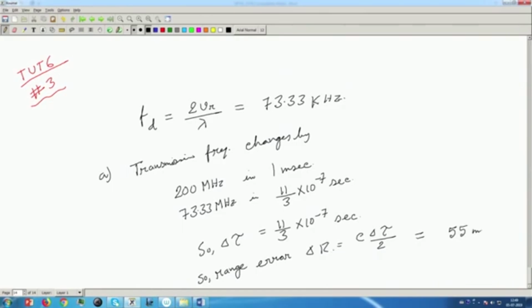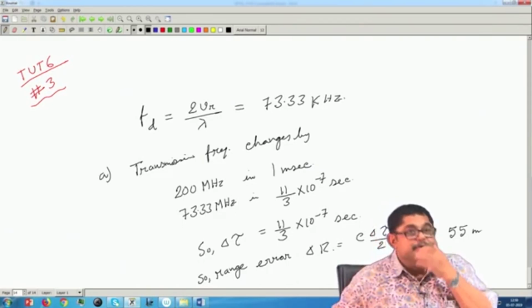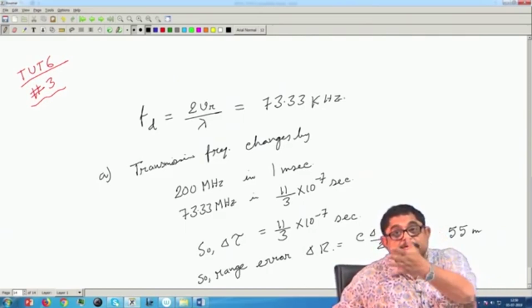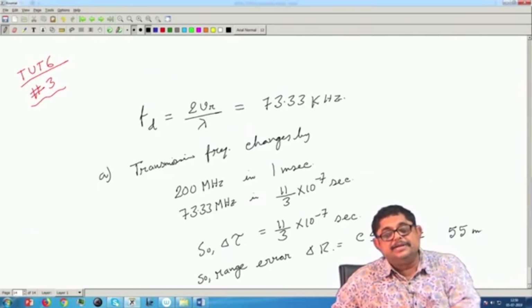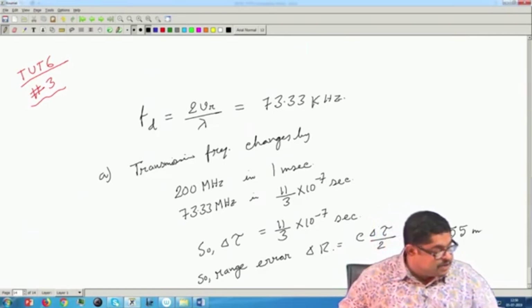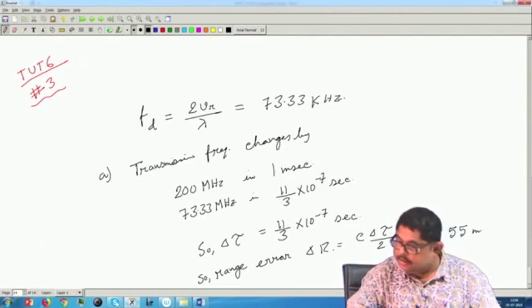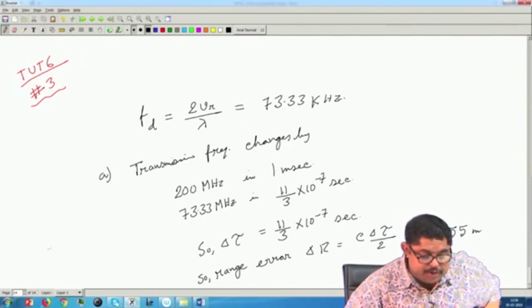Now, the radar is mistakenly thinking, as though the frequency is changing, that this is due to Doppler it is having. That is why the range error is erroneous. Now, I think I will have to increase the page.